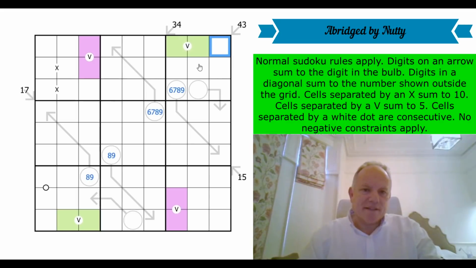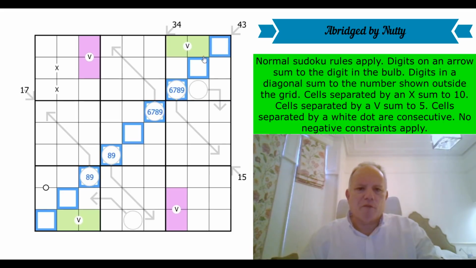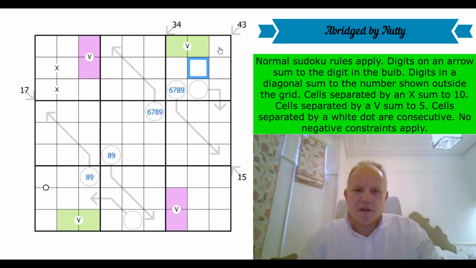Right, let's go back to this diagonal, which I was summing up before. Now what I did was said, we've got 43 in total. I know those two add up to 15 and those two add up to 17. So that takes 32 out of it. So the others add up to 11. But what is the minimum that can be in those two cells? Well, it's the purple digits that aren't out of 1, 2, 3, and 4.